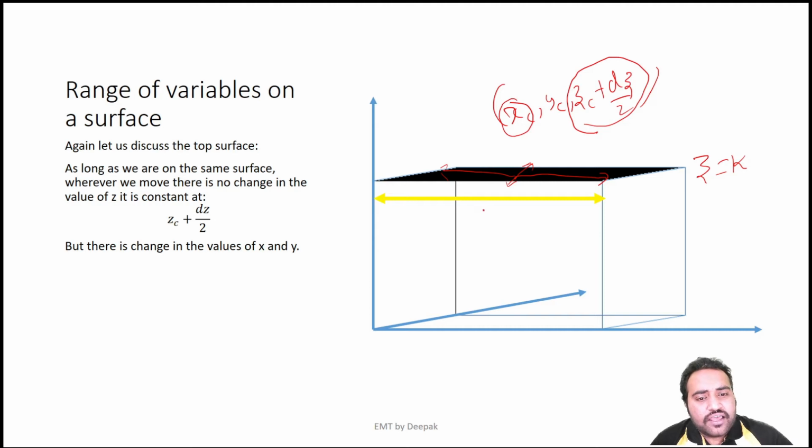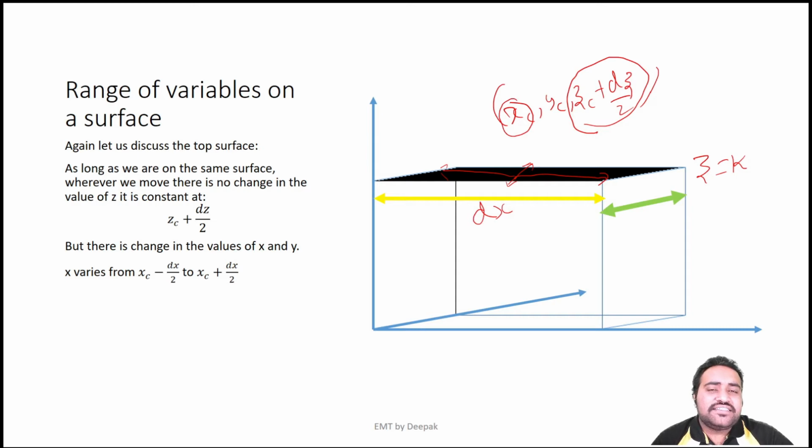The dimension is dx and the center midpoint is xc. Then obviously one end point is xc minus dx by 2 and the other end point is xc plus dx by 2. Now let us look at the y dimensions. The dimension along y is dy, and the center is at yc. Then again, the limits are from yc minus dy by 2 to yc plus dy by 2.